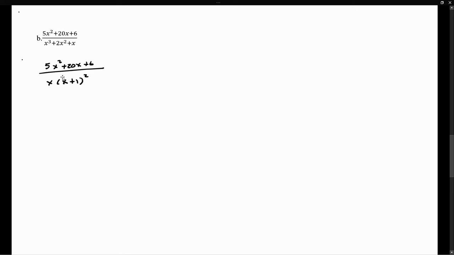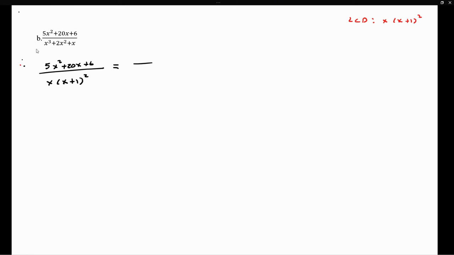And the first thing that you might notice is this. Notice that x has a multiplicity of 1, and x plus 1 has a multiplicity of 2. So our setup is going to be a little bit different. Because now notice that my LCD is x times (x plus 1) to the second.